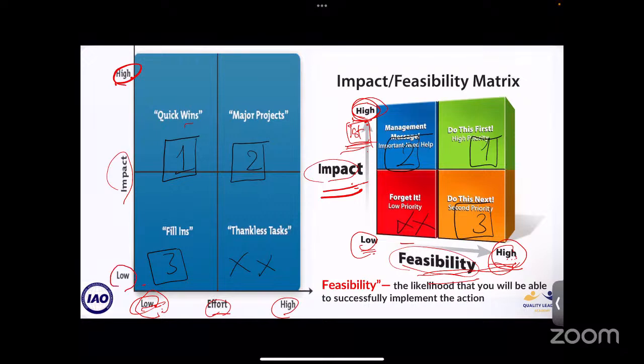Second, you go high impact and high effort. Okay? Clear. So that's the difference between the two types of matrices. Question.